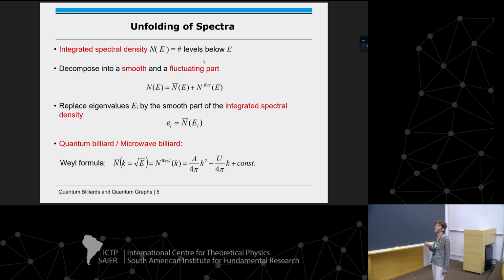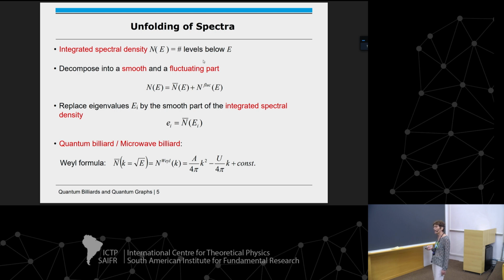But this is a very good way to find out whether all eigenvalues are reliable, by fitting such a polynomial and then checking the values of A and U. Usually one also looks at the fluctuating part, because it should fluctuate around 0. If it doesn't, then you know there's something wrong with the unfolding procedure. If you know that it's a quantum billiard and should be a second-order polynomial, then you might have some mistakes in your numerical calculations or experimental data. That's a very good procedure to find out whether you found everything.